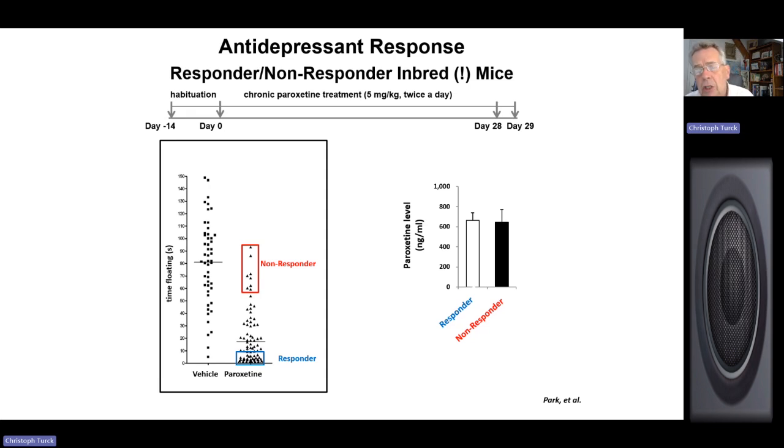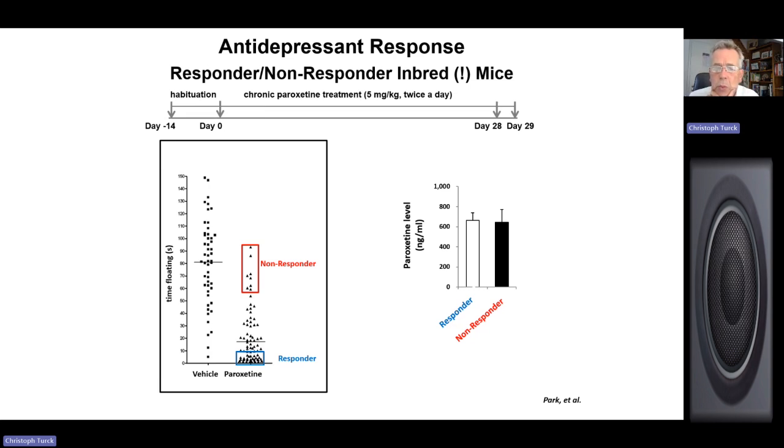This is actually a major issue for psychiatry in the clinic, that many people do not respond to the currently available antidepressants, which are mainly selective serotonin reuptake inhibitors. And we wanted to shed some light on pathways that might be involved in response or non-response towards these drugs.